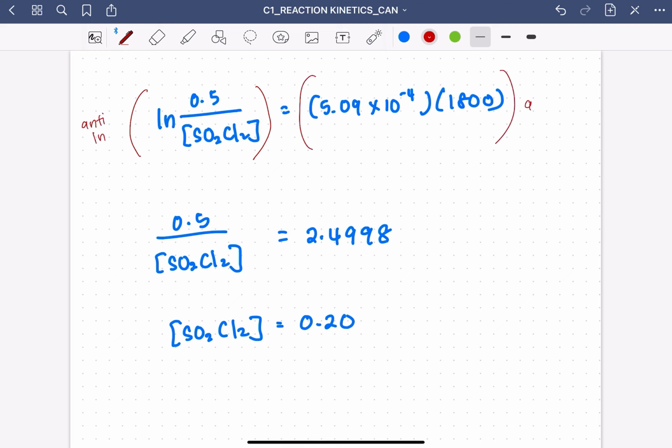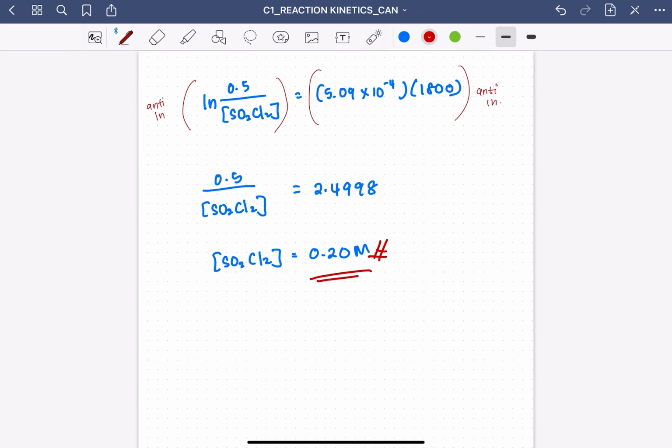So all of this also anti-ln. There you go, we're going to get this.